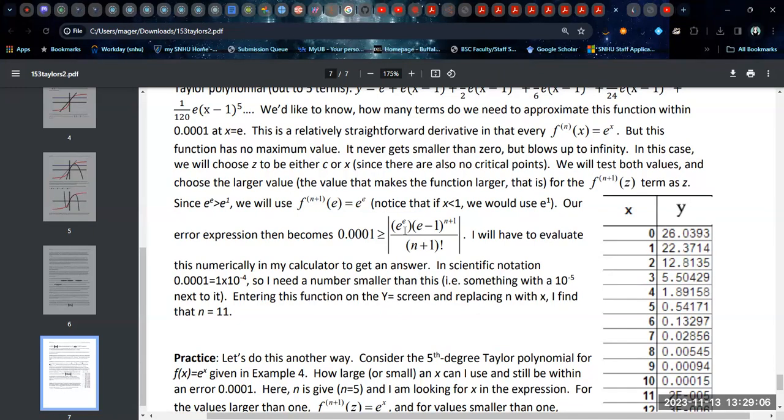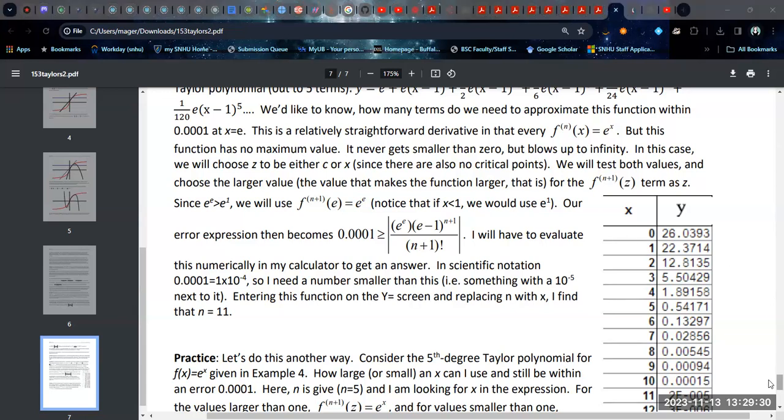If you have a more complicated expression, such as for the exponential approximation that we did in a prior video, then you can just build a table, because every one of these e minus 1 to the n plus 1 is going to differ each time. There's no way that you can algebraically manipulate this in order to solve it, because you have n in more than one place, you have n factorial.